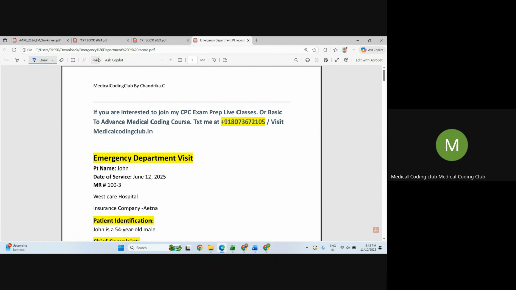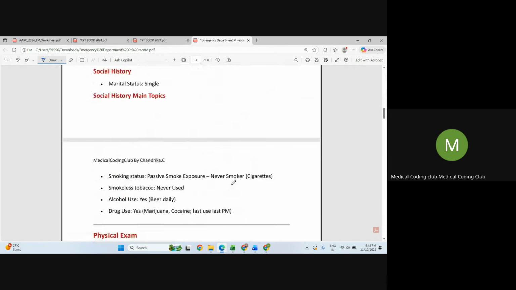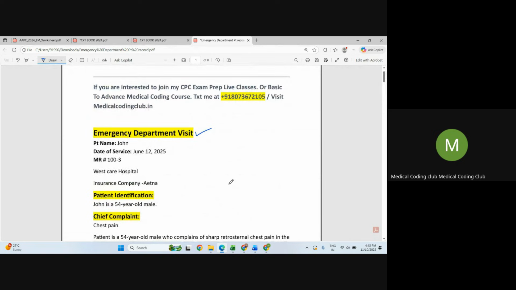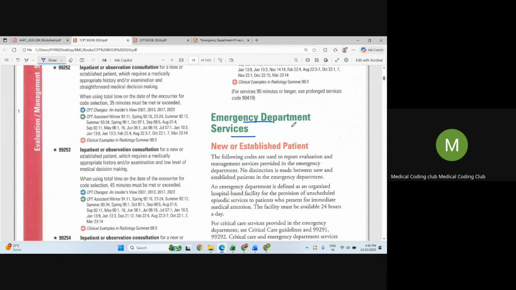So yes, now as I said, we are going to discuss emergency department visits. Before diving into the medical record, I would like to first discuss a few coding guidelines, and I will show you the codes first. Then we can assign an appropriate code for the medical record. So yes, you can see emergency department services.